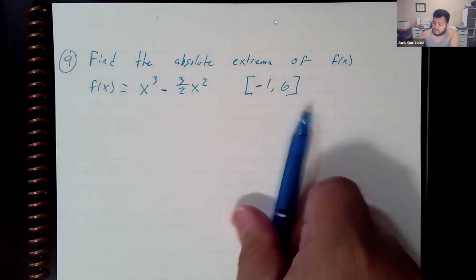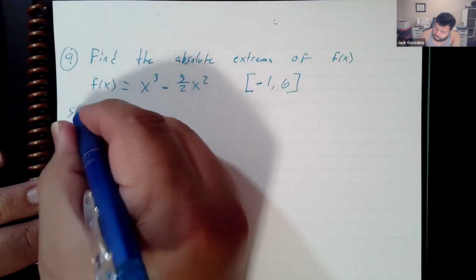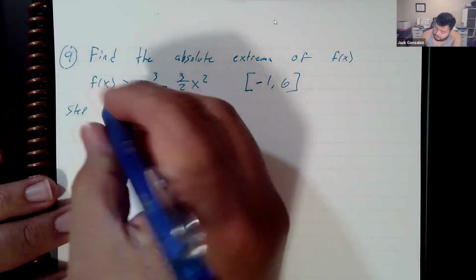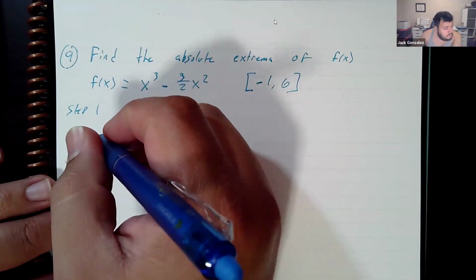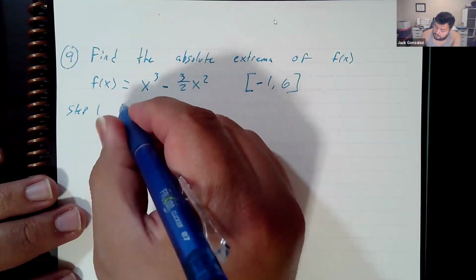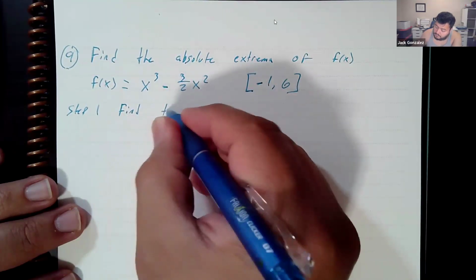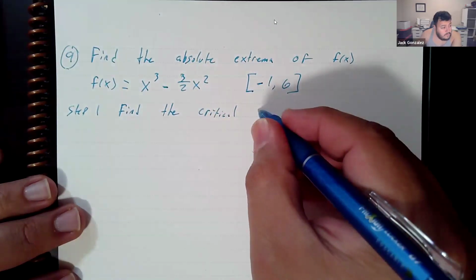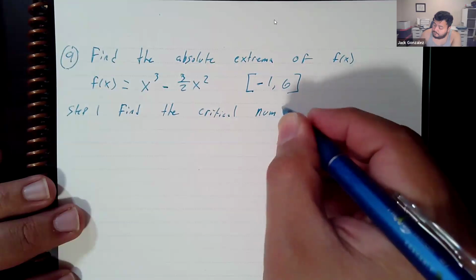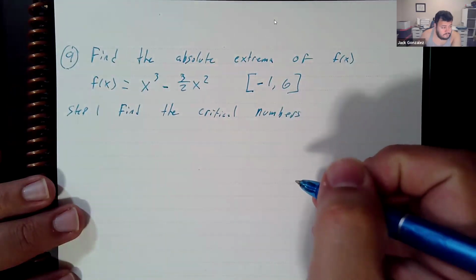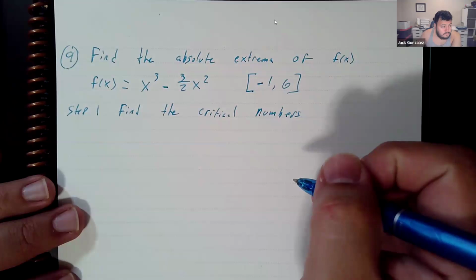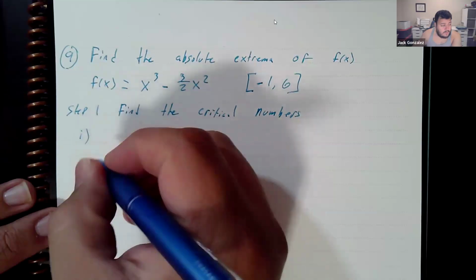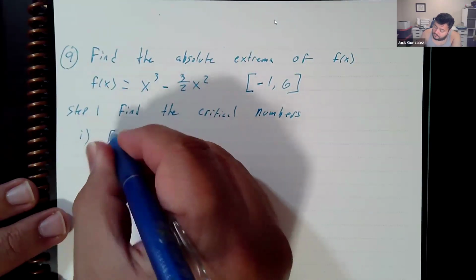So step 1, find the critical numbers. And we said that the first part, we'll call it step, is find the derivative.